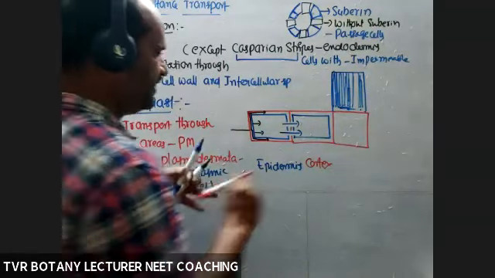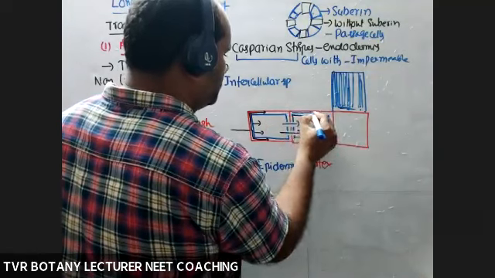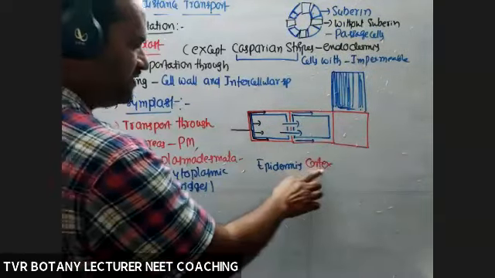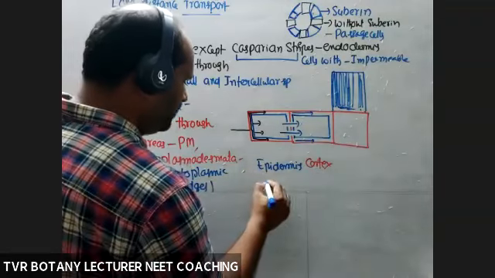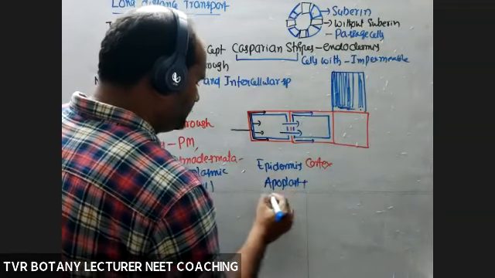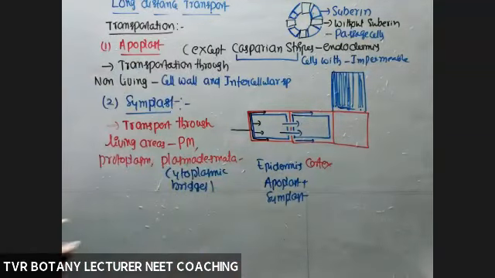So in the case of cortical cell, apoplast possible, symplast possible through the cell wall. Epidermis, cortex. In these two cases, both apoplast and symplast are possible.